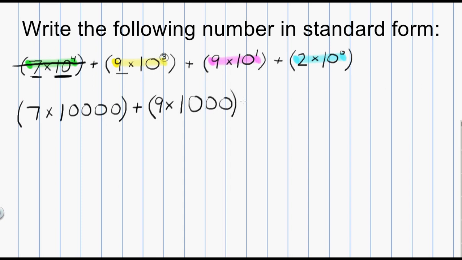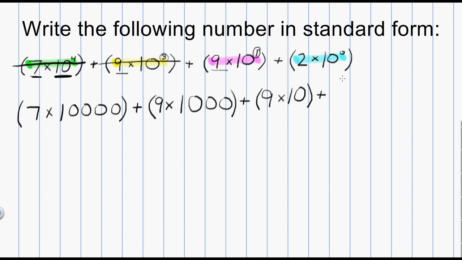Then put the right side parentheses, put my addition sign, and we'll cross that expression off. We'll bring the 9 down, bring down the multiplication sign. Now I'll bring down the 1, and I'm only going to put 1 zero because this is raised to the power of 1. This will be 9 times 10.